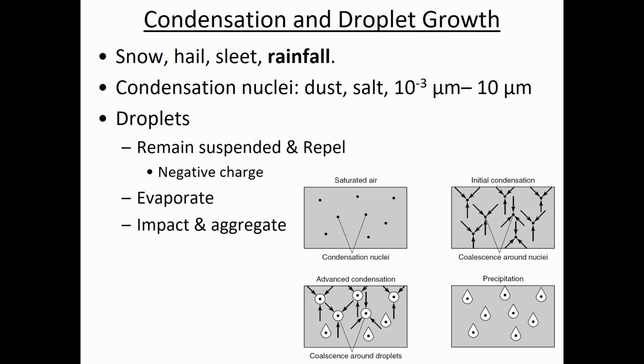Initially, the small droplets have a negative charge in the same way that you probably remember in your discussions of clay, that clay particles have a negative charge. Actually, most particles will repel each other while they're small because the repulsive force outweighs any sort of mass that they have behind them.